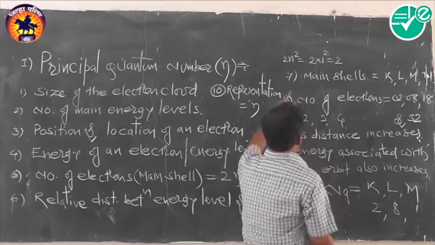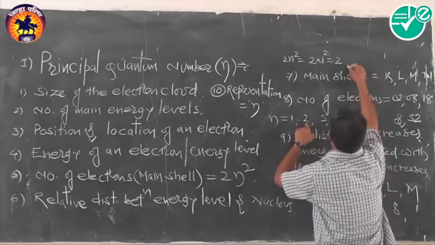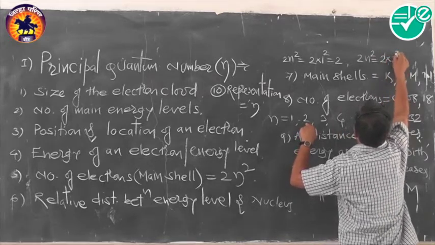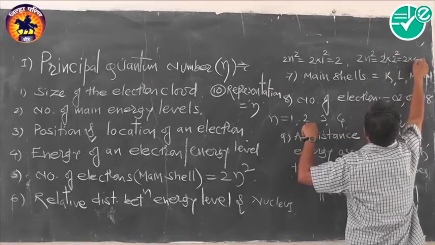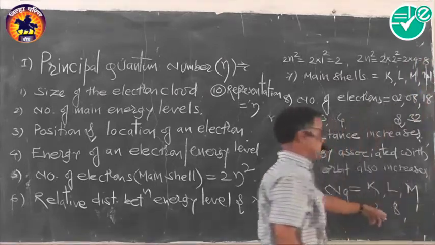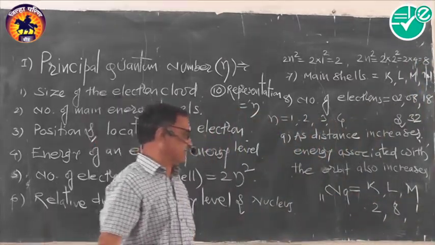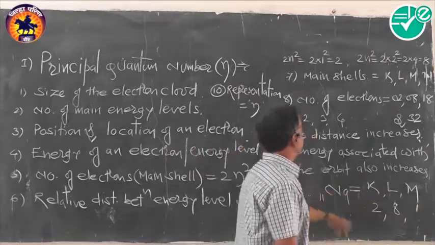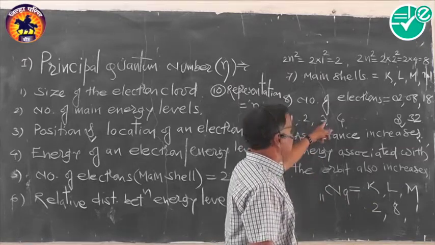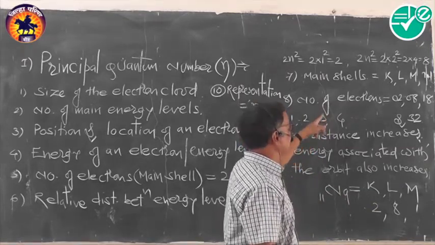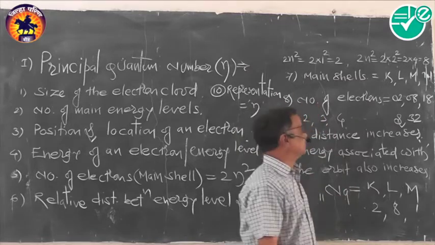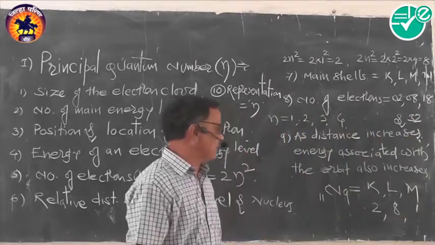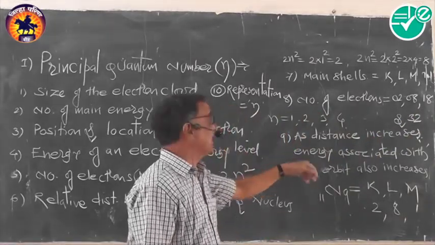When n is equal to 2, 2n square is 2 multiplied by 2 square, which is 2 multiplied by 4, equal to 8. Hence, the second main energy level contains 8 electrons. Similarly, for the third main energy level, n is equal to 3, 3 square is 9, and 9 multiplied by 2 is 18. Hence, the third main energy level, called M, contains a maximum of 18 electrons, and so on.